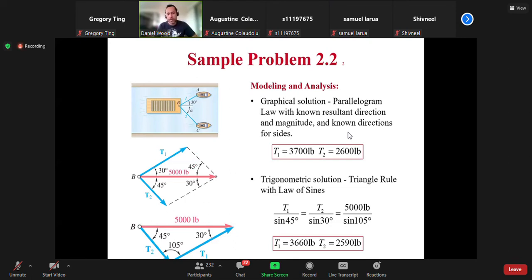And then once you've got your internal angles, you can use the law of sines to be able to solve the problem. I already did this one on the previous slide. You'll have some rounding errors. If you did it in Excel, you probably wouldn't have any rounding errors. It's 2588. It's probably rounded.